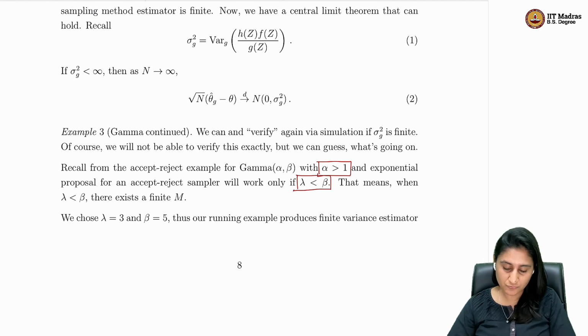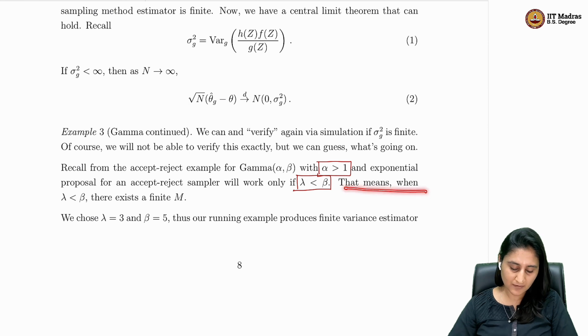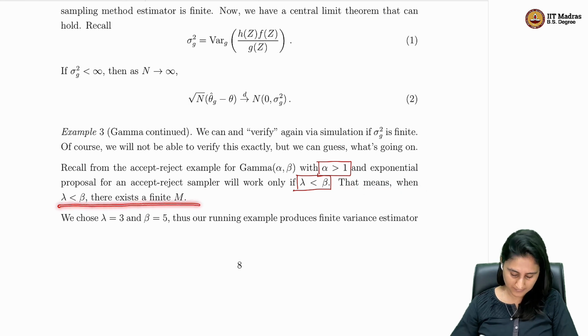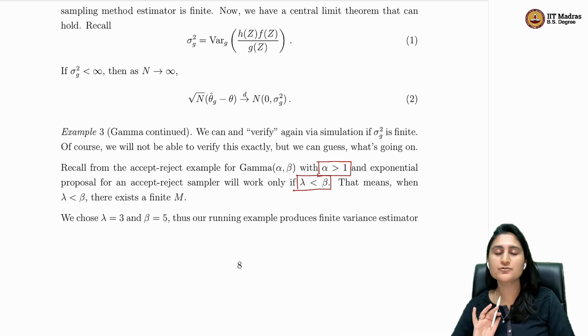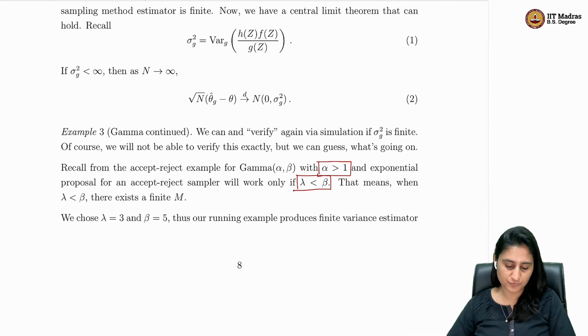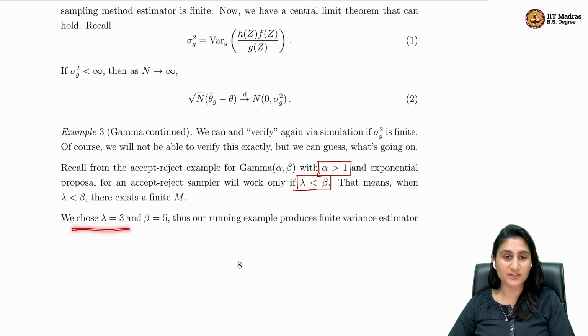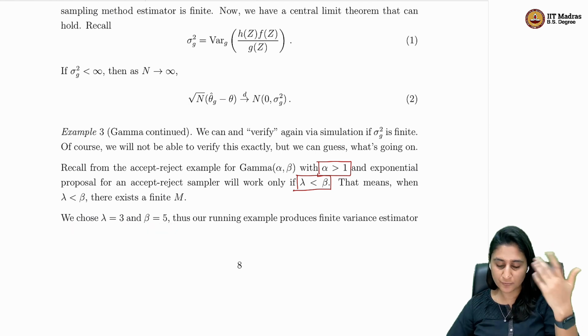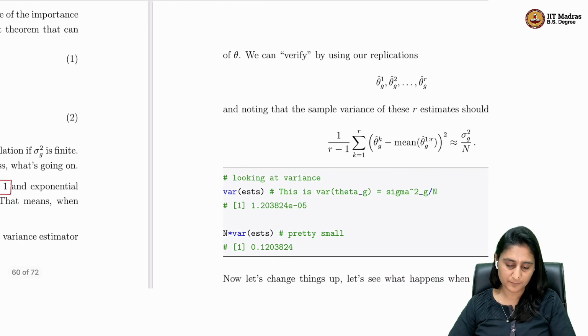When that holds true, an accept-reject can be implemented so that f/g is bounded, which means there exists a finite M. So I need to choose my lambdas to ensure that that holds true. In the last implementation, we did choose lambda equal to 3 and beta equal to 5. So that example should produce a finite variance estimator.